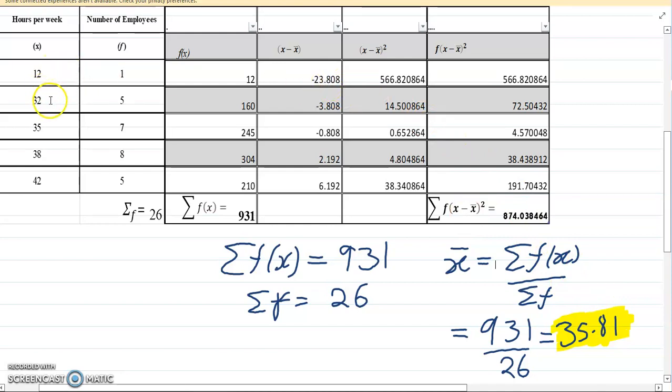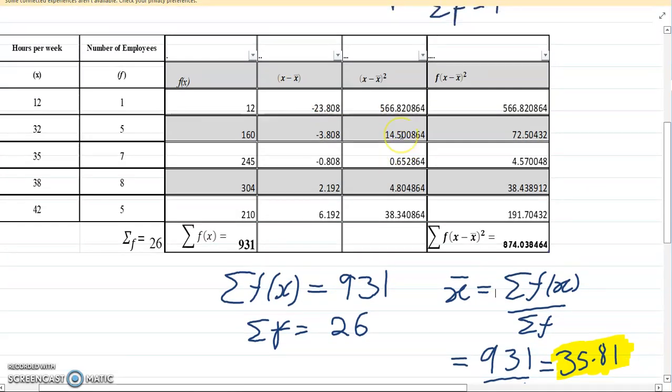Then we said 32 minus 35.81, it gave us negative 3.808. 35 minus 35.81 gave us this right here, and so on and so forth. I was using Excel here, so these are more accurate compared to the rounded off version, right? So these are the values that we got for x minus x bar.